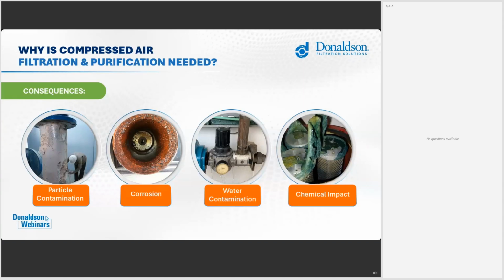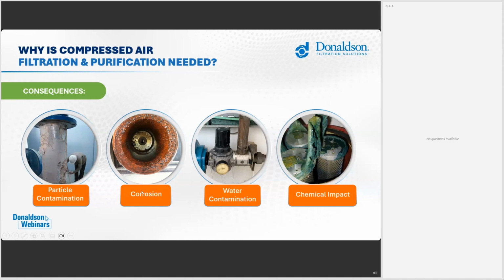And what is happening if you are not taking care of the purification system and not trying to optimize it, the consequences can be that you find really particle contamination here. This is, for instance, a filter downstream of a large heat regenerated adsorption dryer, and the dust that you can see here on the filter elements is dust from the desiccant, because the desiccant was flooded with water from upstream of the adsorption dryer, and that damaged the material completely, and last but not least, it ended up in the dust filter downstream of the adsorption dryer.